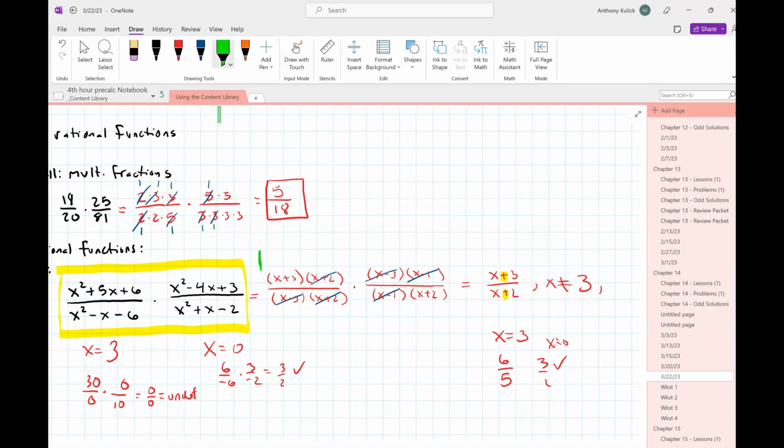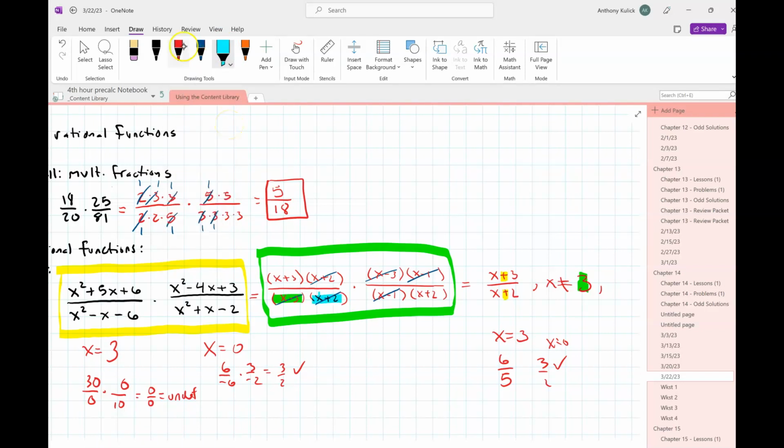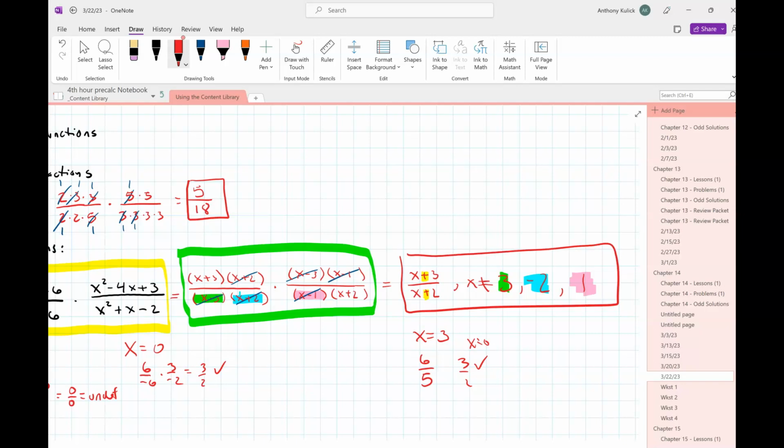The answer is all right here in this work. x minus 3, that gave me a 3. x plus 2, what's that going to give me? A negative 2. And then x minus 1, what's that going to give me? 1. That's the answer now.